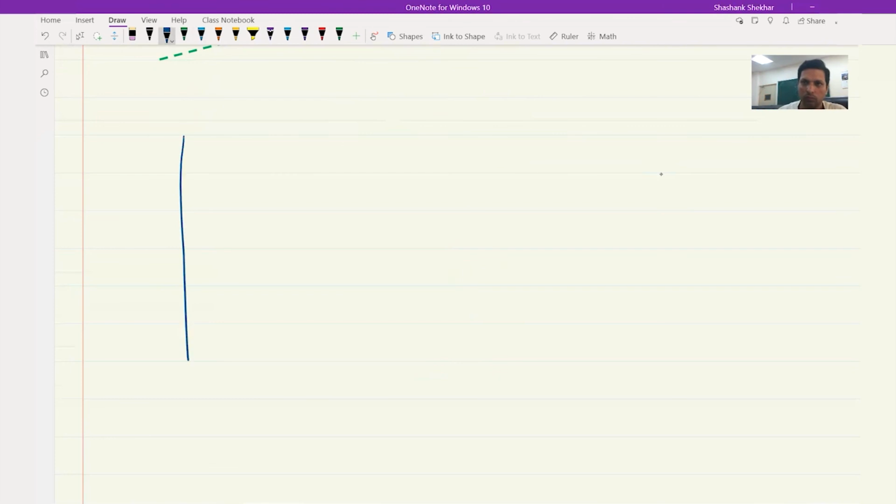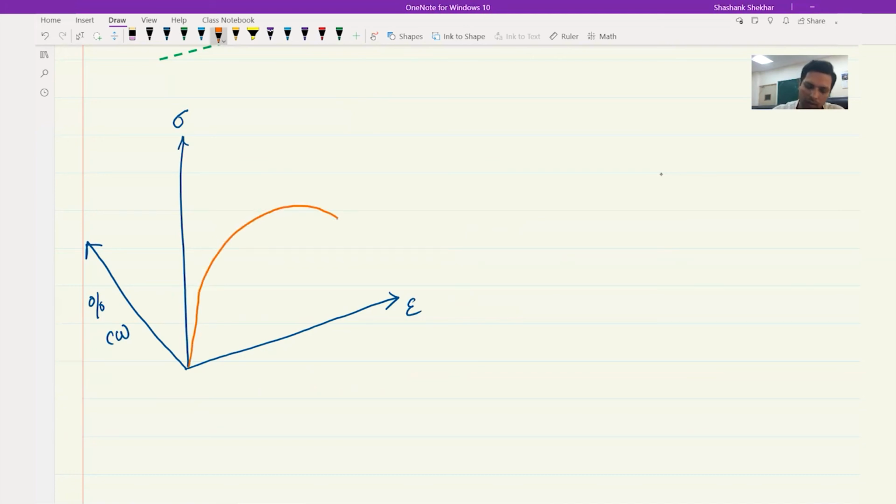So if you look at the stress strain curve of a material, on this axis, let's say we have percentage cold work, and this is stress, this is strain. So it would look something like this.